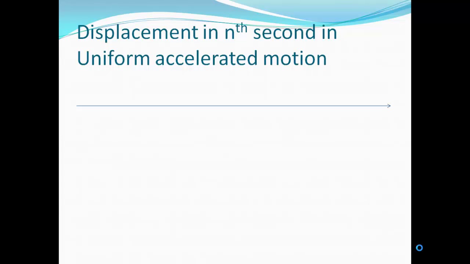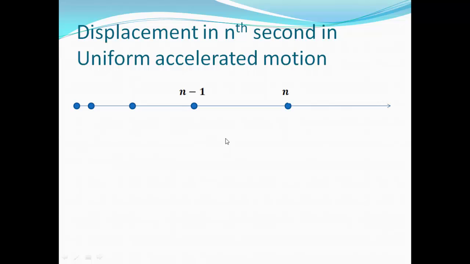The different positions of the particle starting from 0 to the nth second will be something like this. Hence, this position indicates the displacement up till n minus 1 seconds. Now, to find the displacement in nth second, it simply means the displacement from this position till this position, that will be the displacement in nth second.